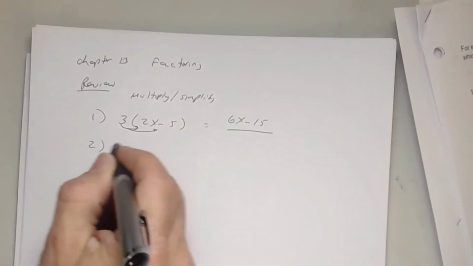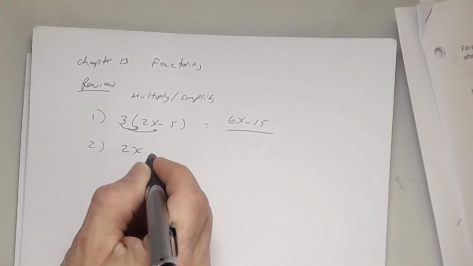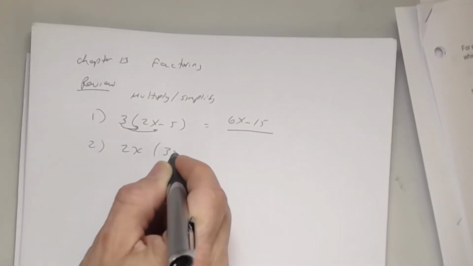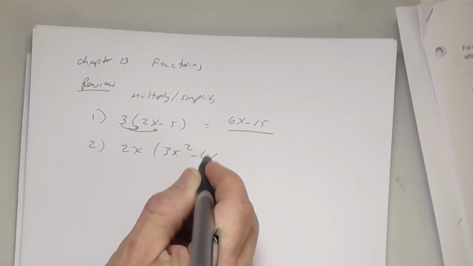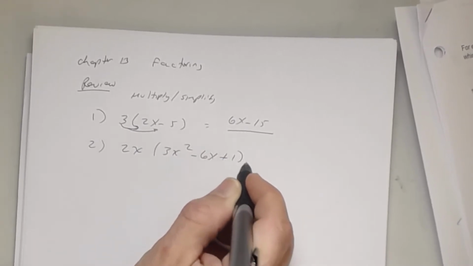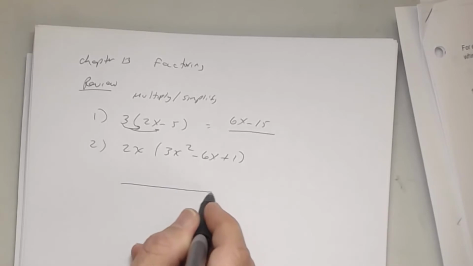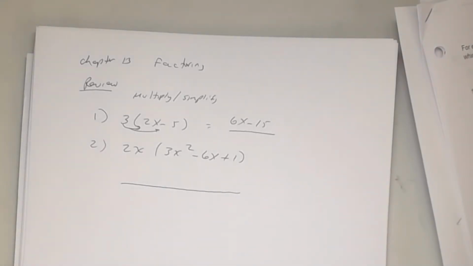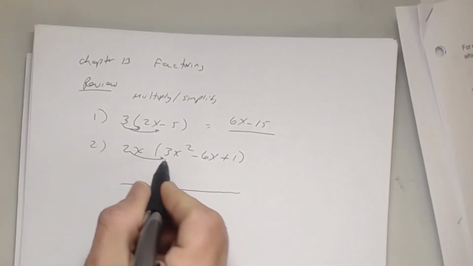Number 2. 2x times 3x squared minus 6x plus 1. Now remember, you guys also remember this, when you multiply like bases, what are those exponents? You add the exponents. So what is 2x times 3x squared?